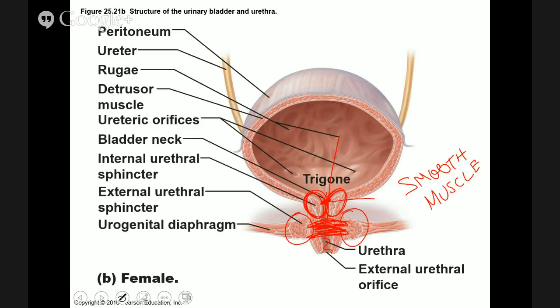So we're basically holding it until we get to where we want to go to eliminate the urine. So the external urethral sphincter is skeletal muscle. So we can control that.